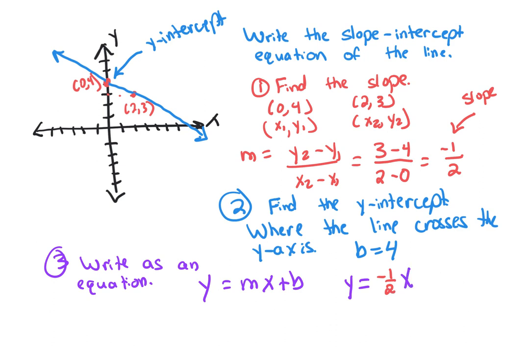We write our x there, and for our b, we rewrite our y-intercept. So this line right here, y equals negative 1/2 x plus 4, would be the equation in slope-intercept form of this graph.